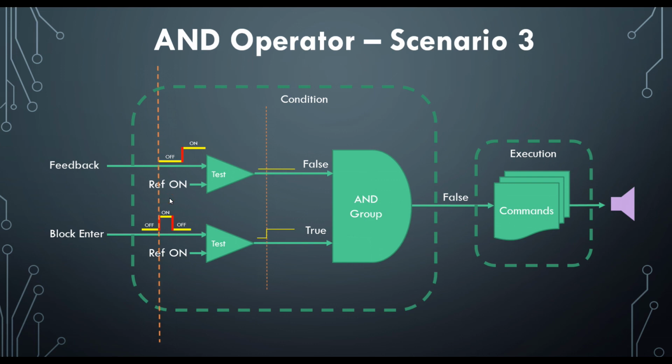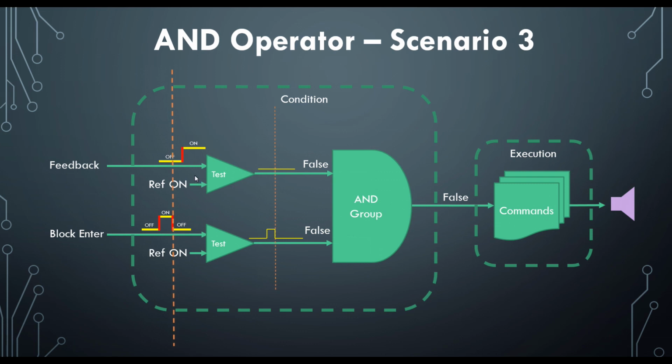Move the timeline forward. The next event is block enter now turning off. So the output here will become false. This is still in its off state, so will be false. So the output here is false.